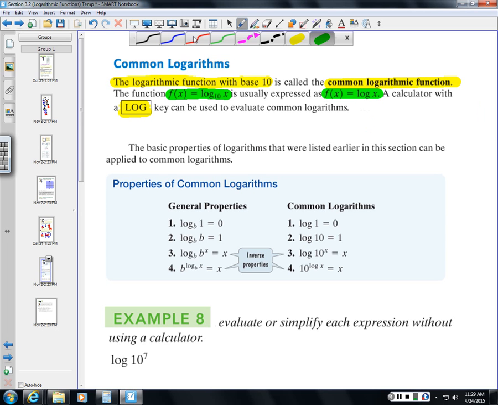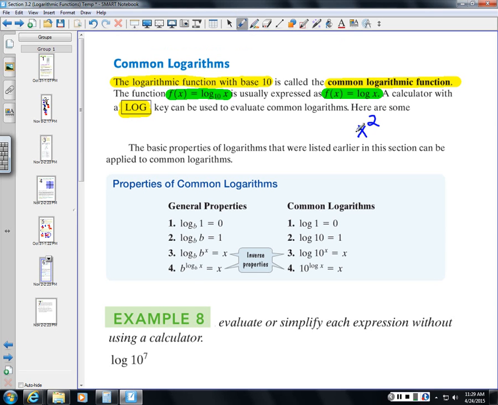A log has to have a base, so there has to be something there. So it's understood that if you don't see anything there, if you see just log of x, there is a 10 there, because that is just our common log. Now, that is similar to, for instance, taking an x squared.